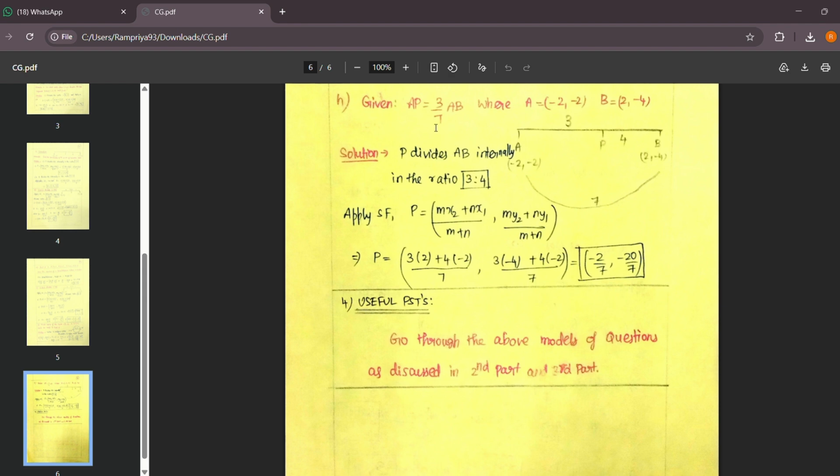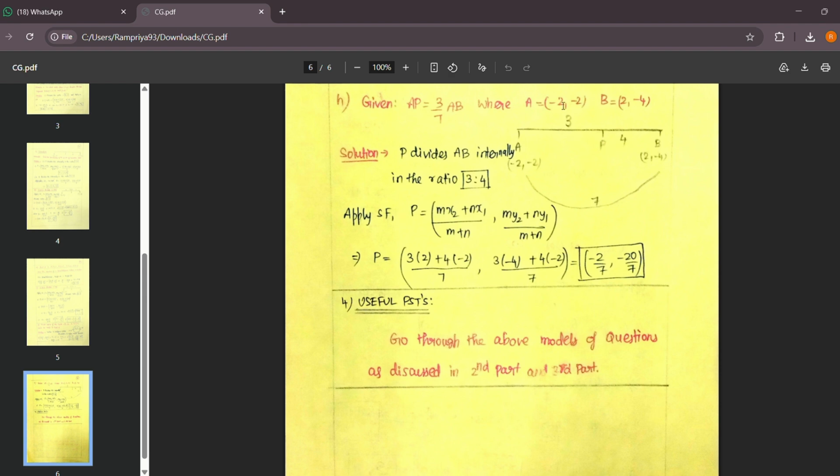See carefully. AP by AB equal to 3 by 7. So that means AP equal to 3 and AB equal to 7. Very simple, right? So if AB is 7 and AP is 3, you can tell that PB should be 4 because 7 minus 3 is 4. So now you have got the ratio. P divides AB internally in the ratio 3 is to 4.